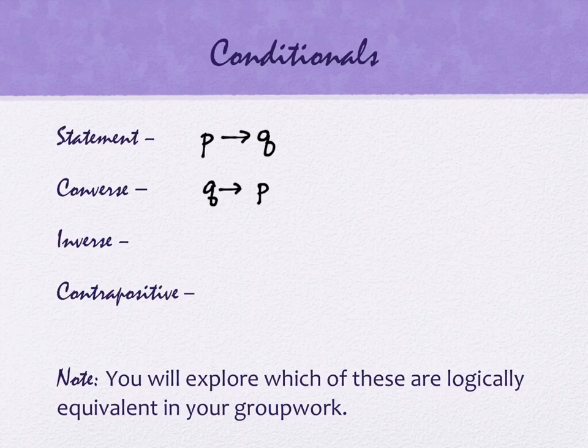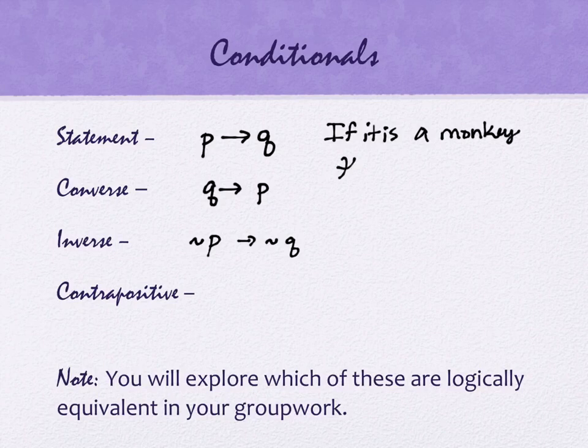The inverse is created when we negate things. So instead of changing the order, we change it to be negation. And Larry did this too. So my example I did before, I'll keep referencing it from the video. If it is a monkey, then it has a tail.